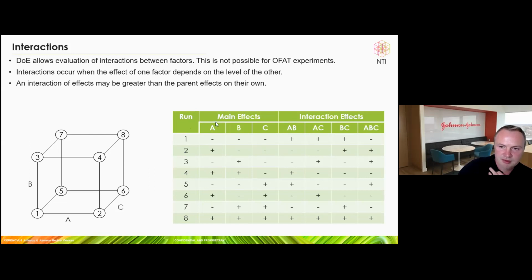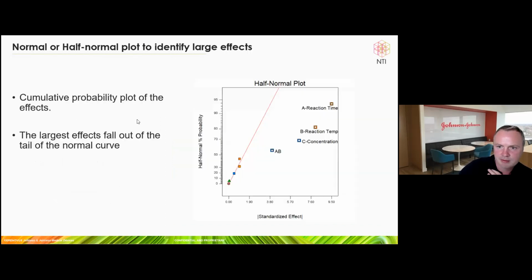So not only do you see the effect of changing A from high to low, B from high to low, C from high to low, you get the added benefit of seeing interactions between these terms with one another and the combined effect of that. So 2-factor interactions here, and because it's a 3-factor experiment, 3-factor interactions over here. Okay, and you can get the size of that effect, and I'll show you an example in a moment.